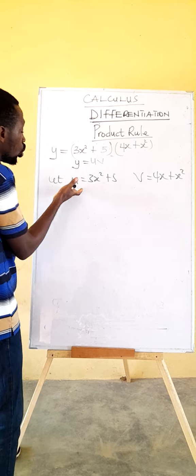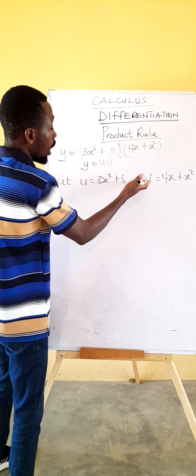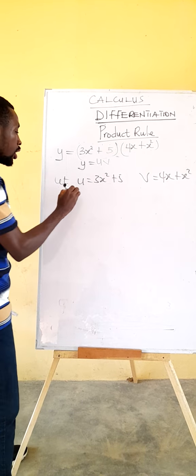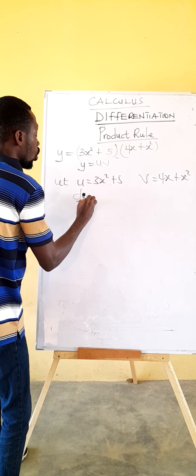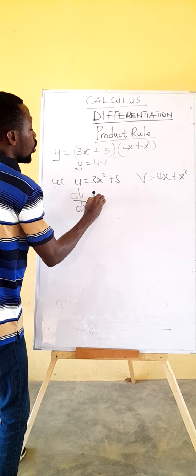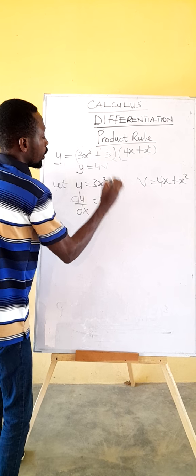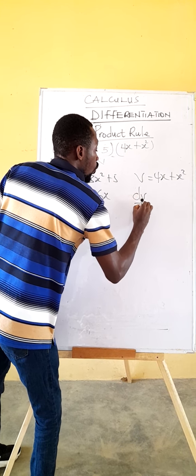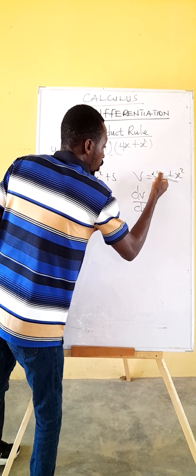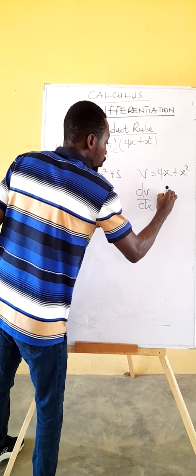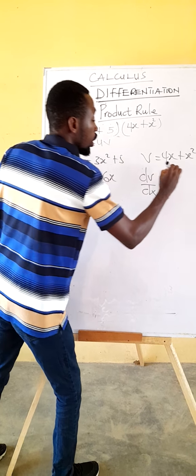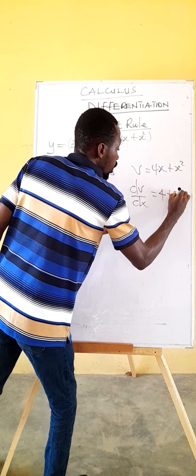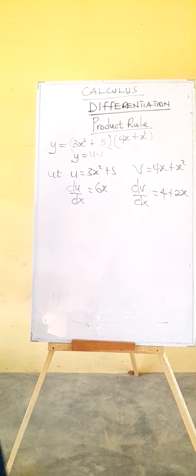Now you differentiate u with respect to x and v with respect to x. Our du over dx will be equal to 6x, and our dv over dx, you remember the differential of a linear term is the coefficient, so 4. Then the differential of this will be 2x.